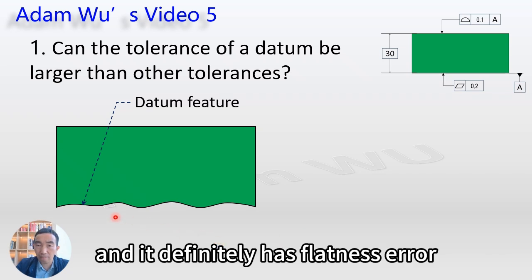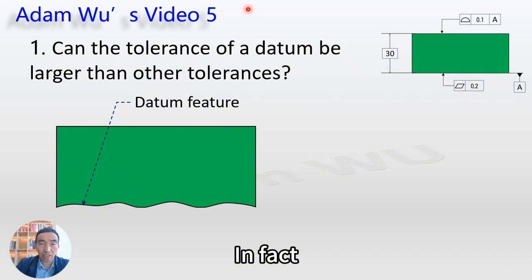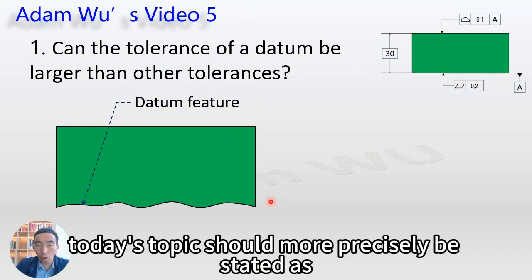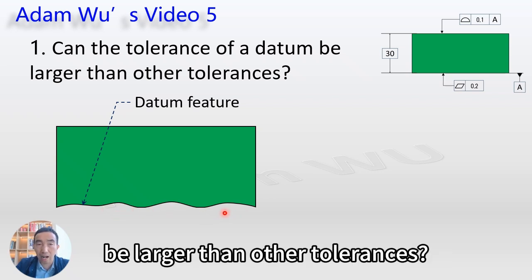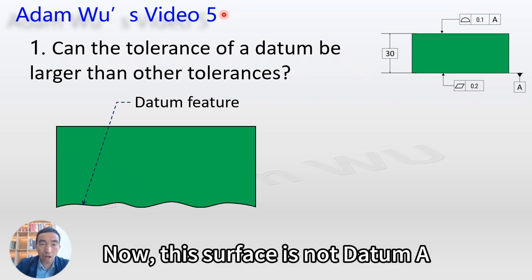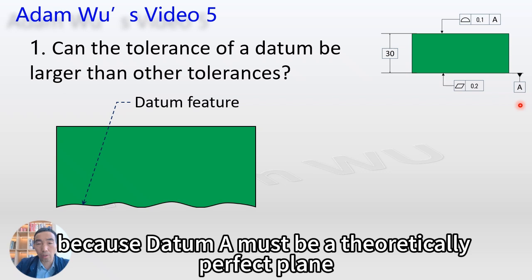And it definitely has flatness error. In fact, today's topic should more precisely be stated as: can the tolerance of a datum feature be larger than other tolerances? Now, this surface is not datum A, because datum A must be a theoretically perfect plane.